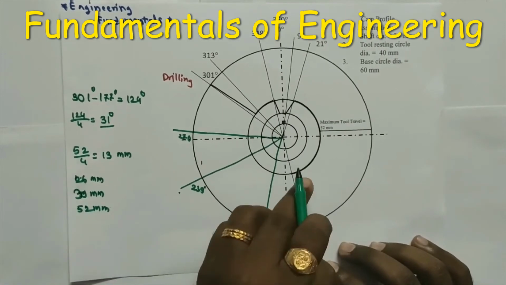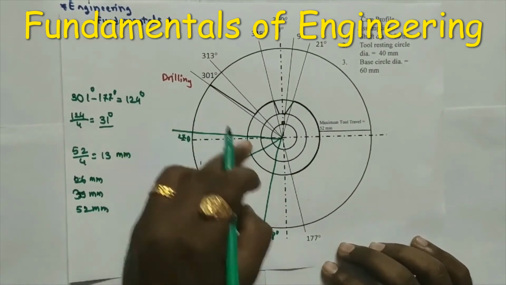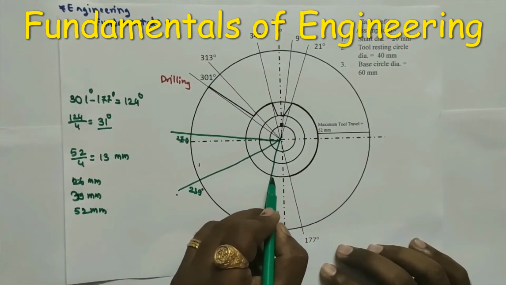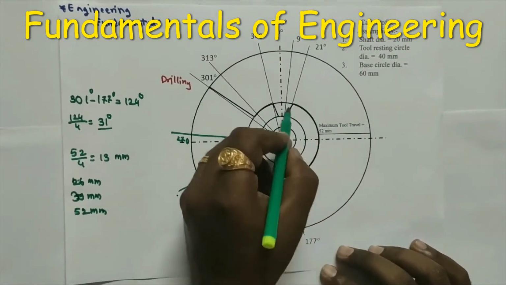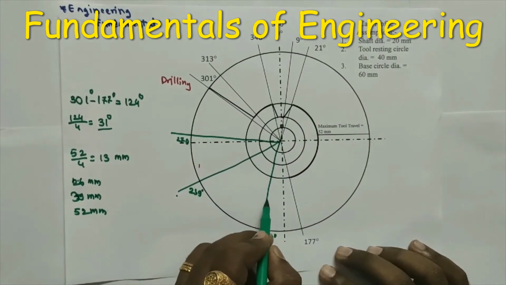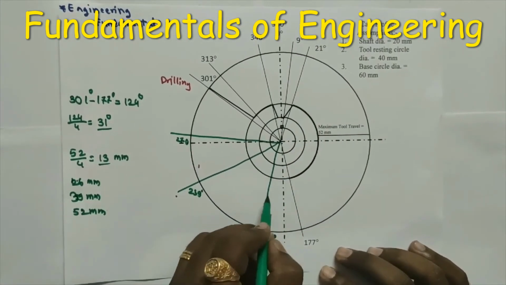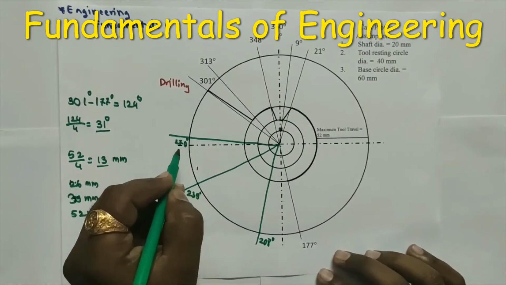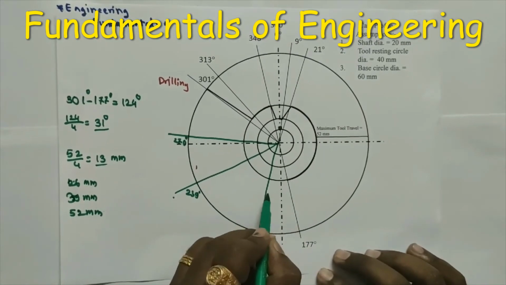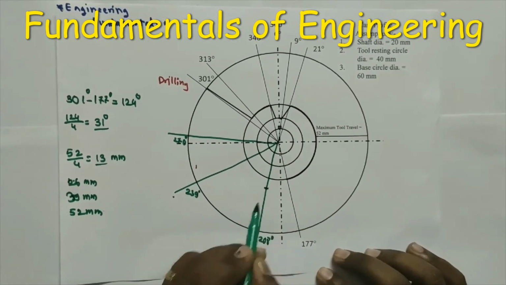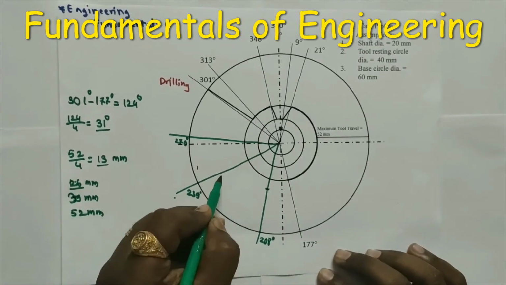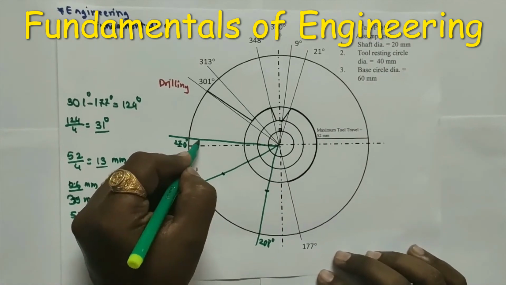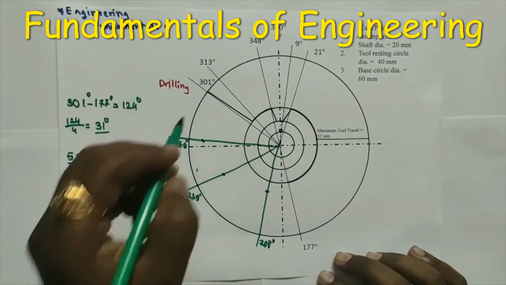So the rise is 13 mm each step. From the base circle, we have to take the distance of 13 mm on these equally spaced degree lines. From this 0, this will be 13, then next is 26, then 39, and the last one is 52.